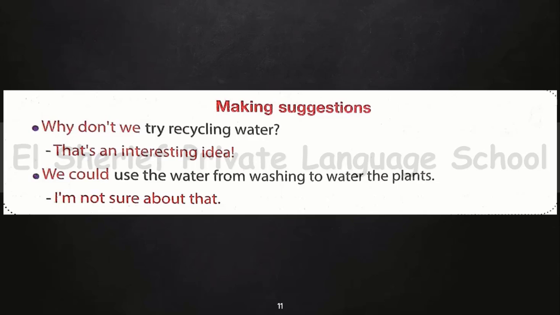So let's read here. Why don't we try recycling water? We could use the water from washing to water the plants. And if I agree with this suggestion, I say that's an interesting idea. But if I don't agree with this suggestion, I say I'm not sure about that.